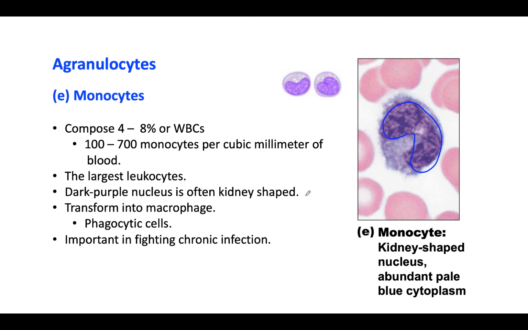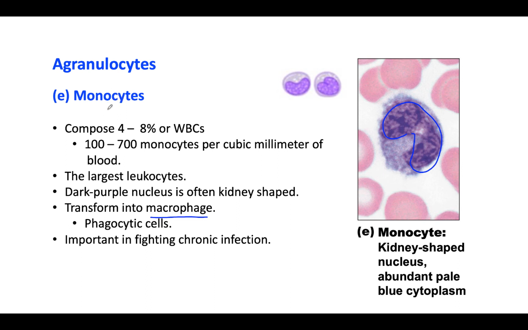After monocytes leave the blood and enter tissue, they enlarge and transform into macrophages. When this cell flows inside the blood vessel, it is named monocyte.